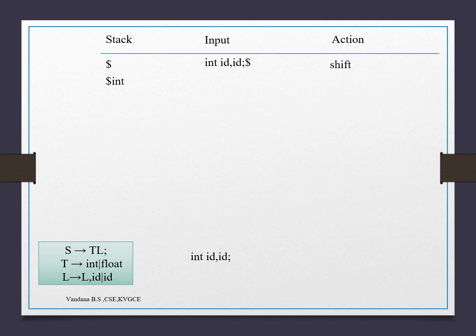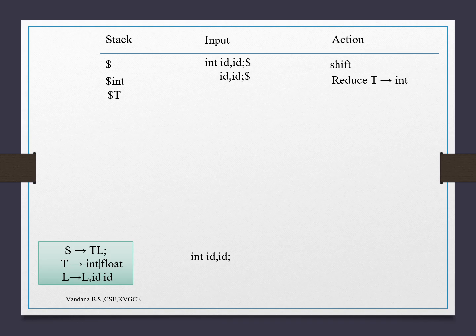Now look at the stack top: int. Is it a handle? Yes, because T derives int. Therefore we perform a reduce operation: int is popped and T is pushed. So int is reduced to T.